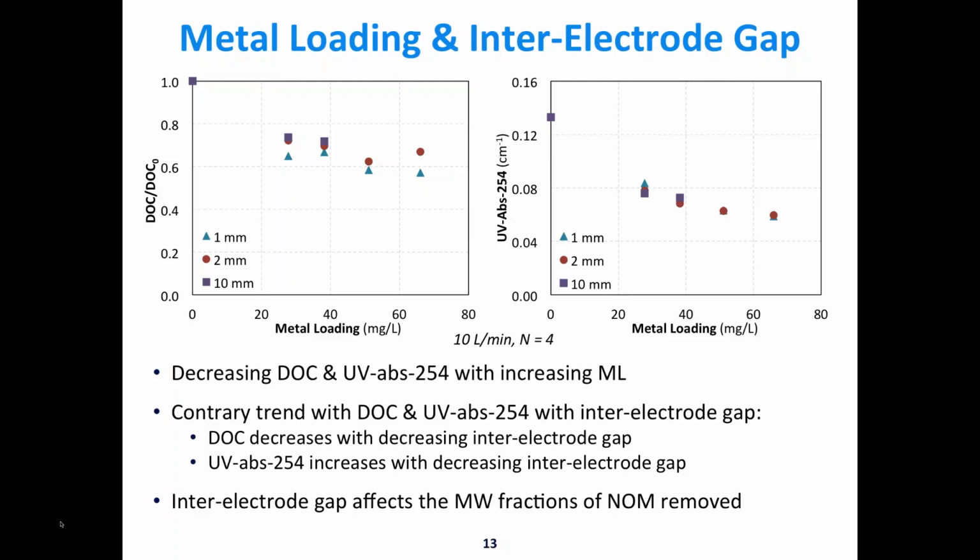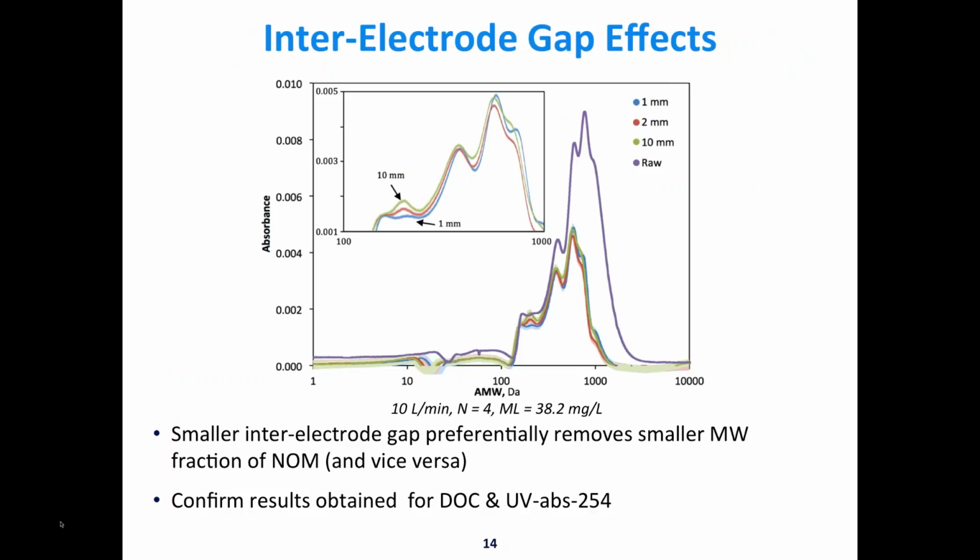As the inter-electrode gap decreased, the UV absorbance actually increased. Again, if you look at the error, these differences are not significant. However, this suggested there was some effect on the molecular weight fractions of NOM removed with respect to inter-electrode gap.